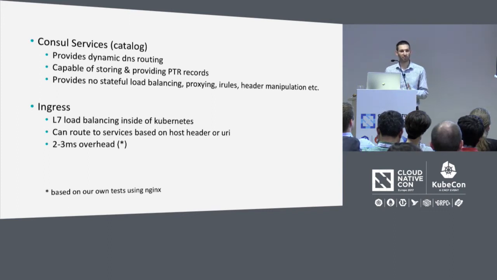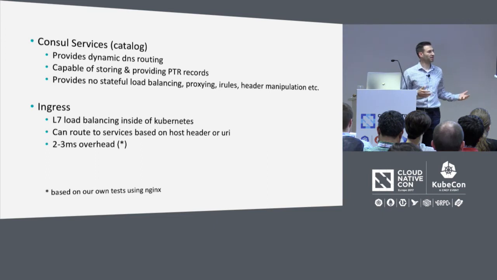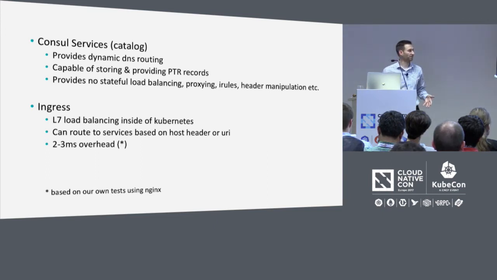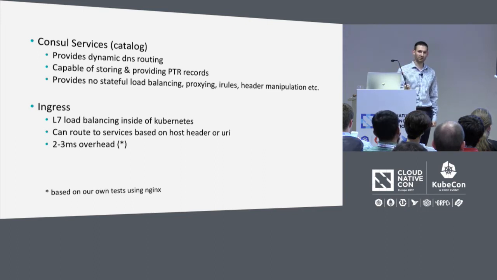And that's why it pairs really well with Ingress, because Ingress can do that layer 7 stuff. So if you wanted to route to a service based on the host header or based on the URI path, then Ingress handles that. Well, with each Consul service, you'd have a unique DNS name. And with Ingress, you could look at that name and route it to the correct server.